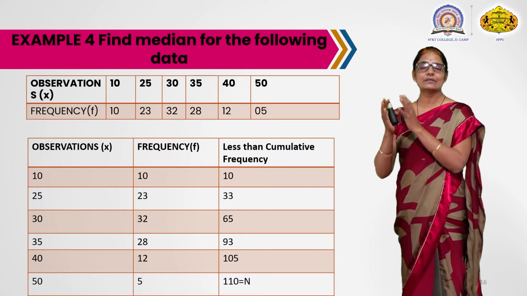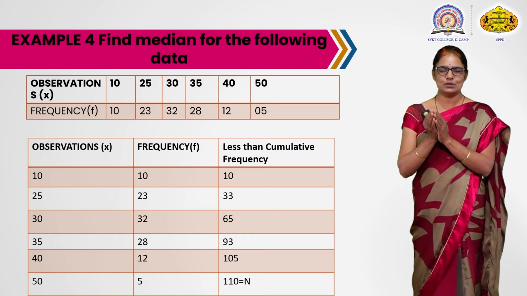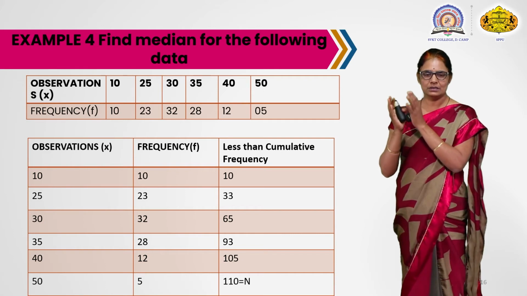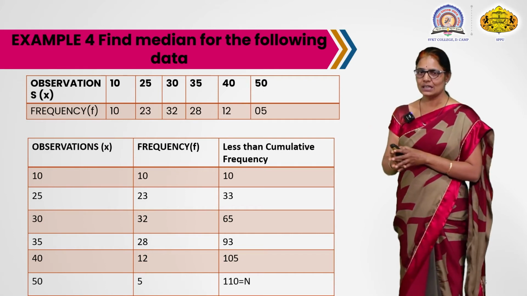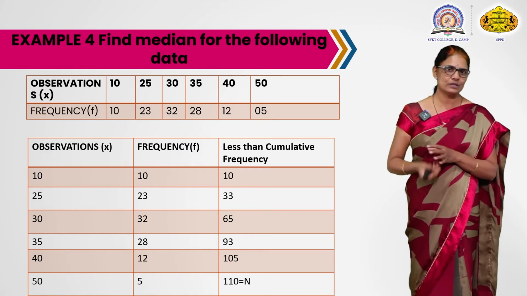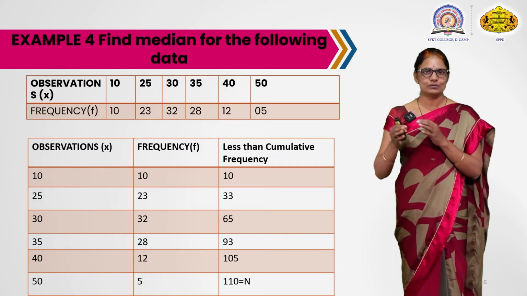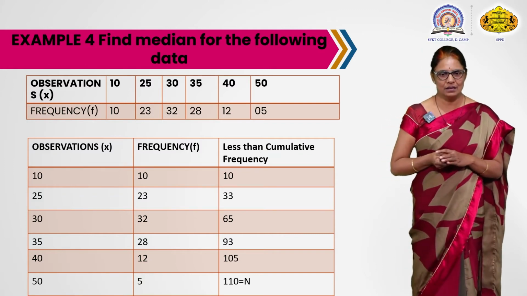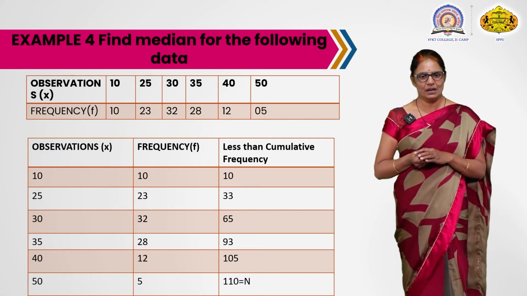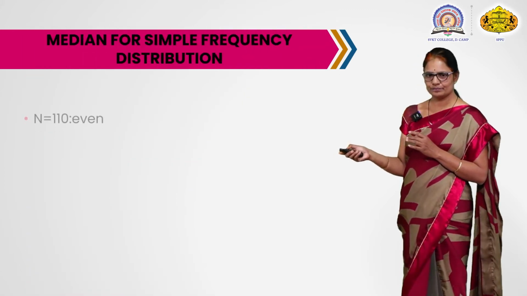The values of the observations from 34 to 65 are 30, so the 55th observation is also 30, and its next observation, the 56th, is also 30, and so 30 plus 30 upon 2, that is the average, is again 30. So the middlemost observation is 30 here, and that's why the median equals 30.